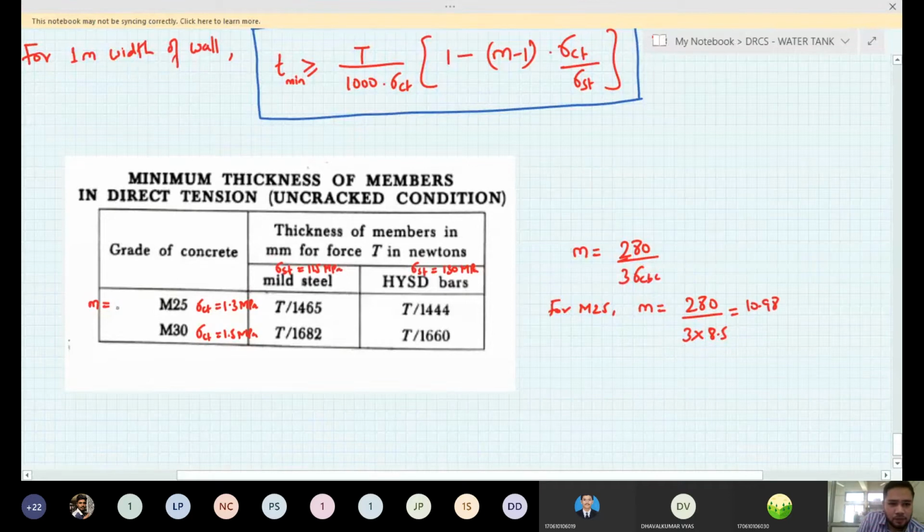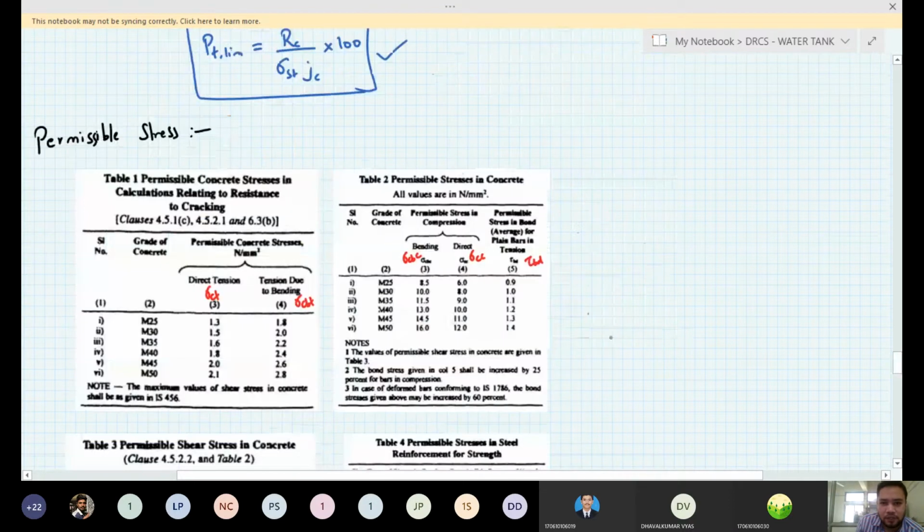So here the modular ratio will be 10.98, and for M30 grade, the modular ratio will be 280 divided by 3 into 10, since the value of sigma CBC for M30 grade is 10.